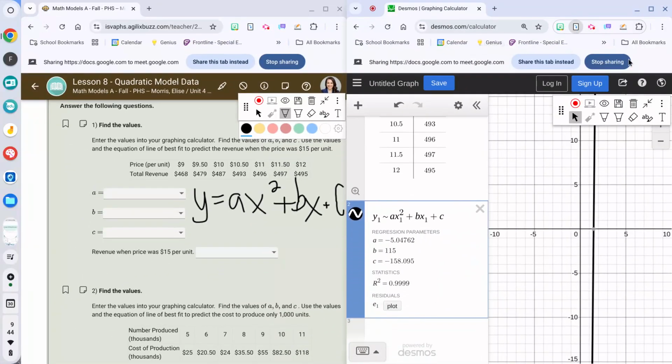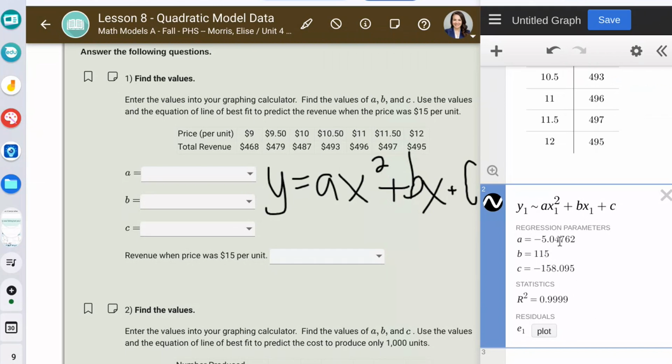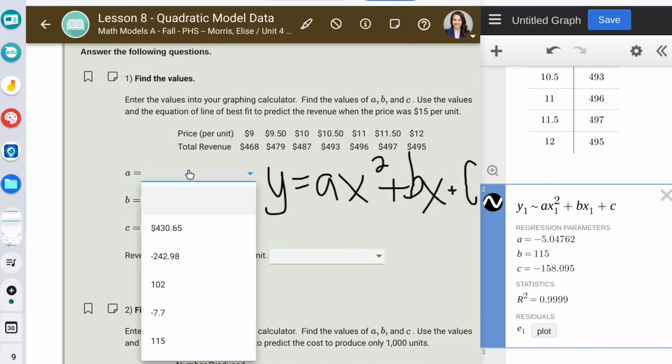So there we go. Okay. So this is our equation. It's y equals negative 5.05, it would round, x squared, plus 115x minus 158. So that is your equation. So that's what you would plug in.